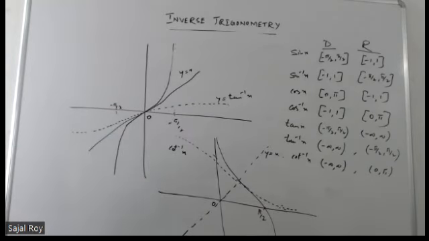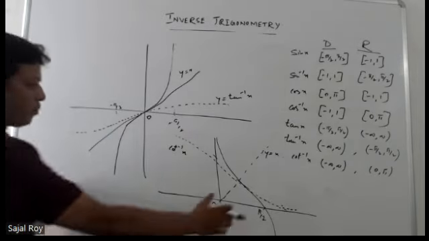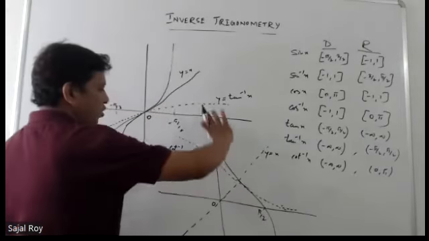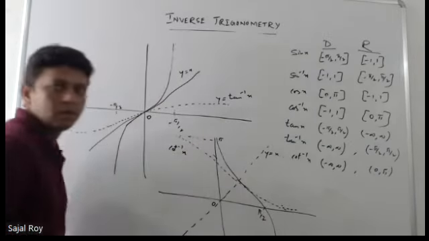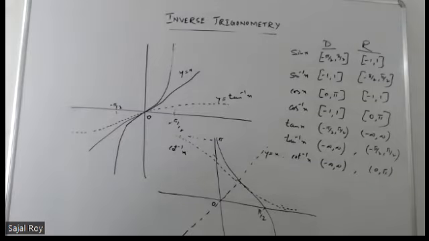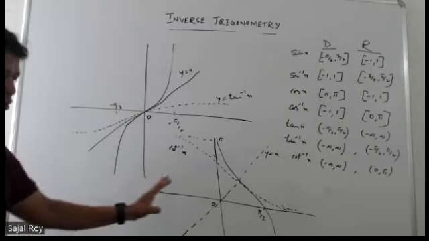Domain and range: domain is minus infinity to infinity, but range is 0 to pi. This is your pi. Okay, so that is about your graphing.